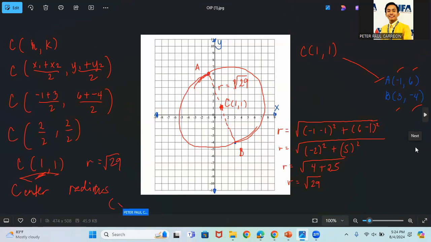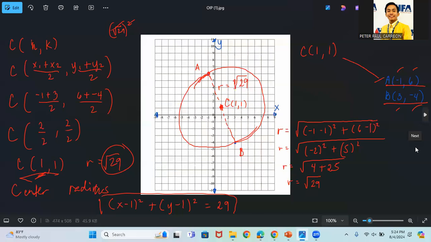So that is the quantity x minus 1 squared plus the quantity y minus 1 squared is equal to, what's the square of the square root of 29? So we have the square root of 29, you square it, simply cancel the square root and the square symbol. So that becomes 29. So this is now the standard equation of the circle with diameter endpoints point A, -1, 6, and point B, 3, negative 4.